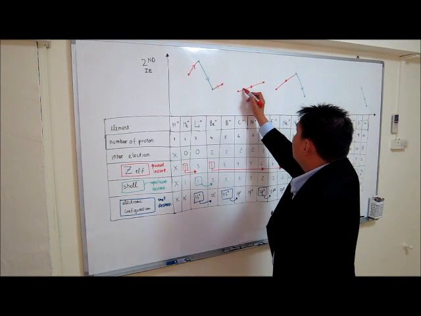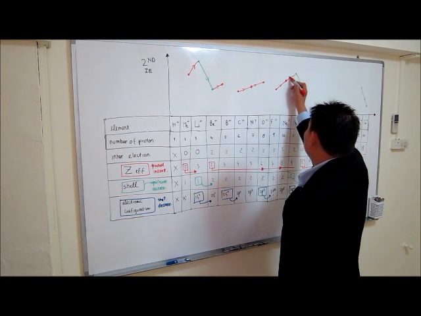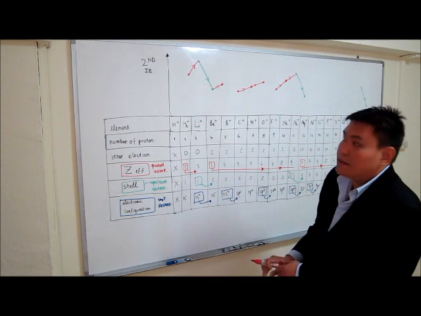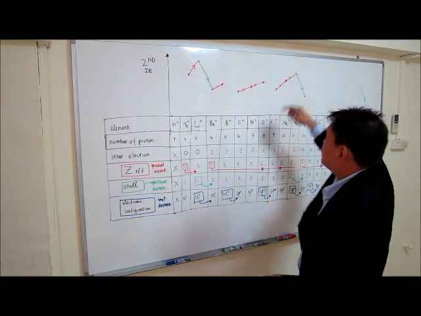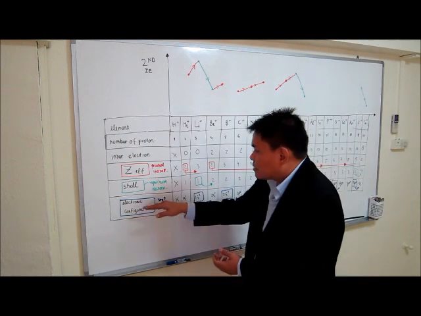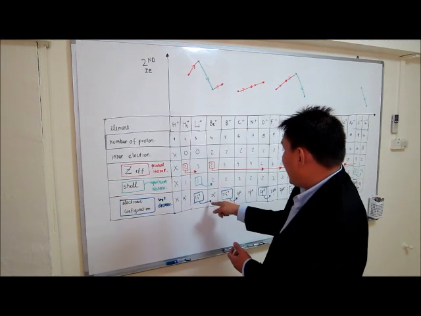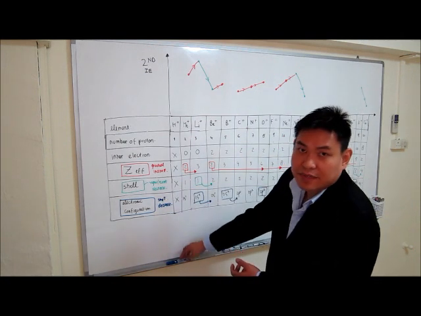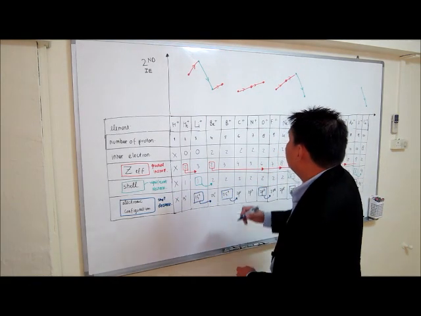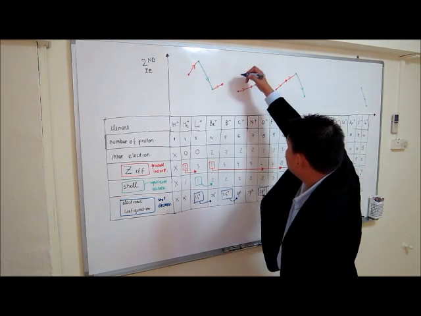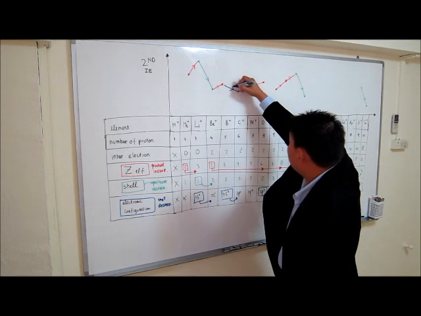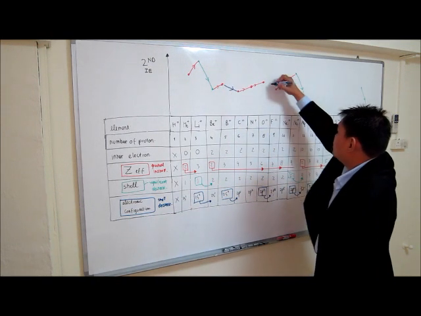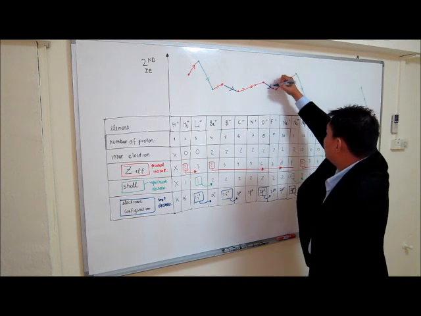Now, why do I have to split the gradual increase here? Because in the middle here we have the effect of a small decrease because of the electronic configuration. So we are going to draw a slight decrease from boron+ to C+, also from oxygen+ to fluorine+.